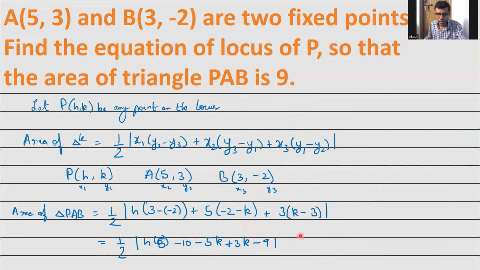Now this is nothing but equal to, I'm writing it horizontally, you can write it vertically only. Continue writing the steps vertically. This would be nothing but 5h as it is, 5h minus 5k plus 3k, it's going to be minus 2k.